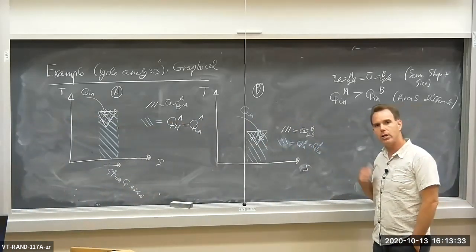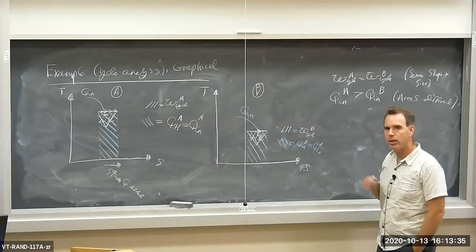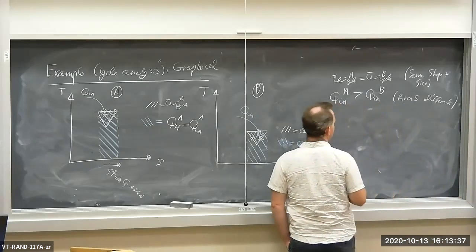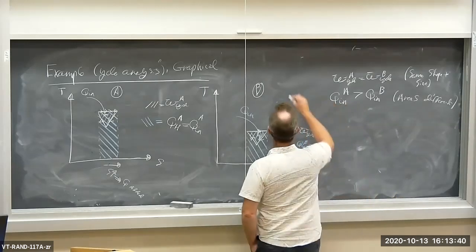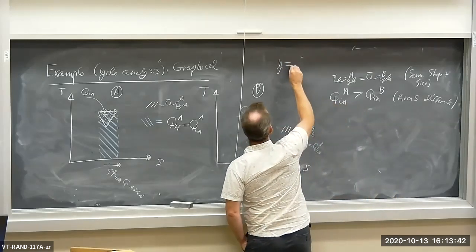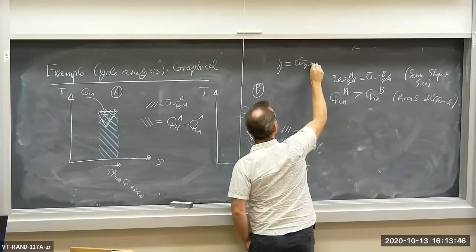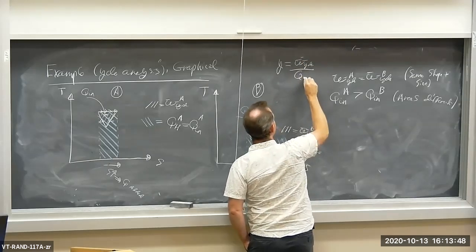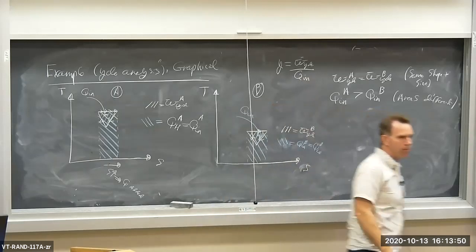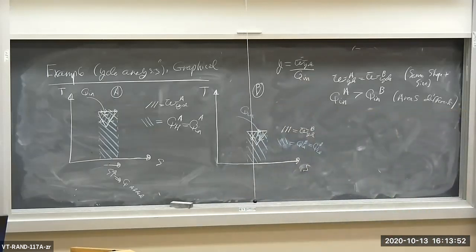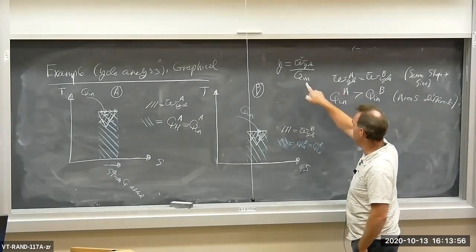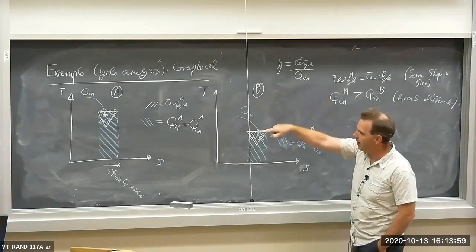Okay, let's compare the efficiency. So remember, efficiency for a heat engine is the work over the cycle divided by the heat input from the high temperature place. Now in our case, the works are the same, but the heat transfers are different.